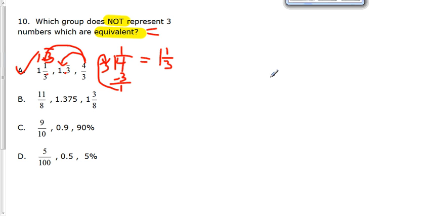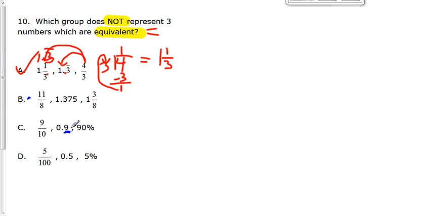Okay, guys, I could go straight down and go to choice B. But just like a test or anything you're given, you do not have to go in order. Say I'm a student that struggles with my 8s. On B, we have 11 eighths and 3 eighths. If I want to skip that, I'm going to come back to it for last. Let's look at C. C is 9/10. If I look at my second choice, you have to know your place value.